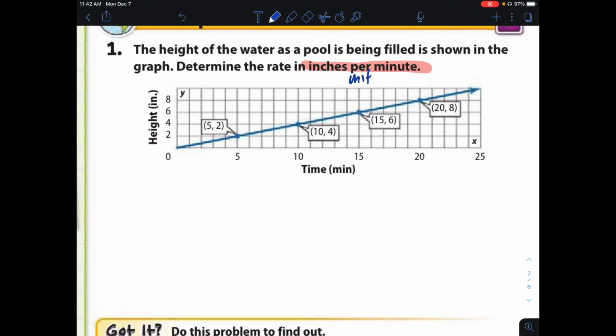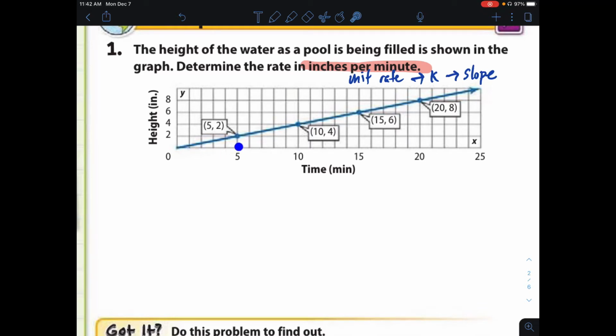So if that is your unit rate, you're also being asked for your k, which is your constant of proportionality, or your slope. So all of these things are the same. Okay, so again, let's take a look at the graph.